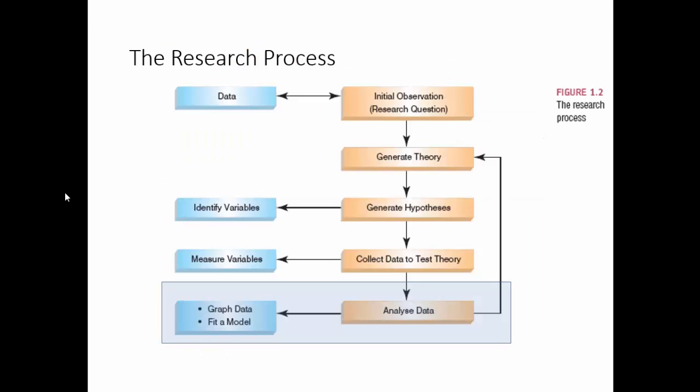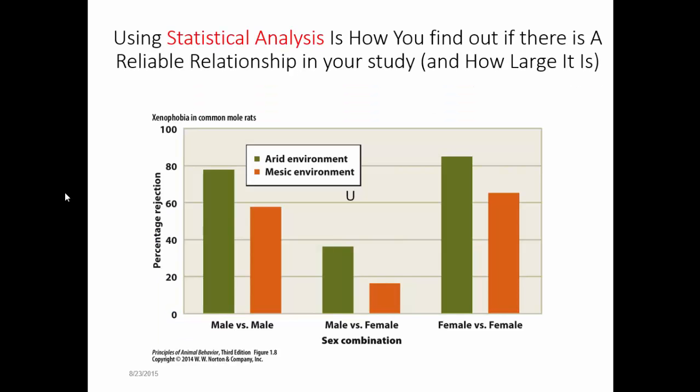The last step in the research process is to statistically analyze those resulting numbers that you get. So here you're looking at actual results based on the mole rats, testing those two predictions that I told you about. They're using statistical analysis to find out if there is a reliable, meaning a consistent and repeatable, relationship in your study, and also how large it is.